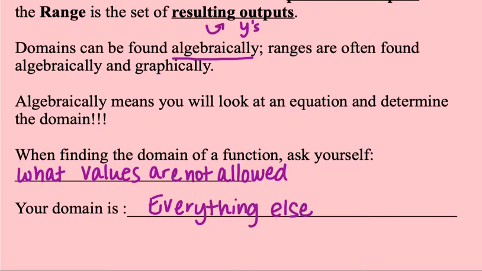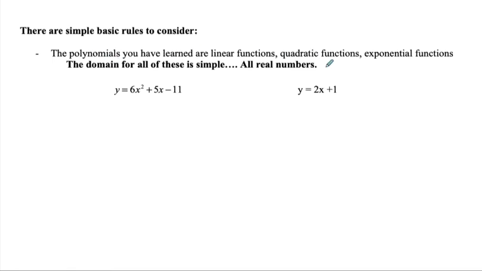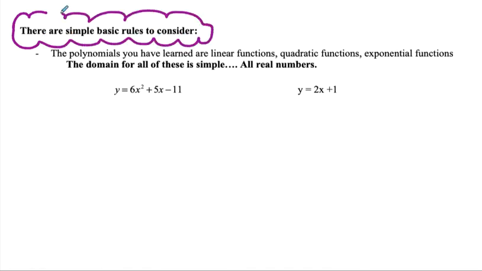Let's look at some basic rules to consider. Polynomials, the functions that we've looked at thus far or you have in the past, linear functions, quadratic functions, and in some cases even exponential functions. If I were to create a table of values for any of these, is there any value of x I'm not allowed to input?